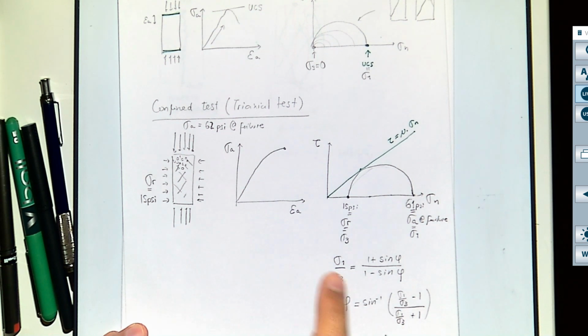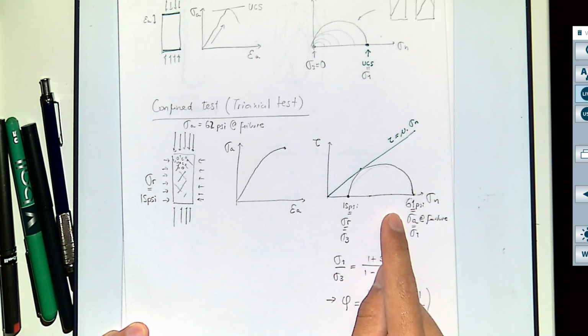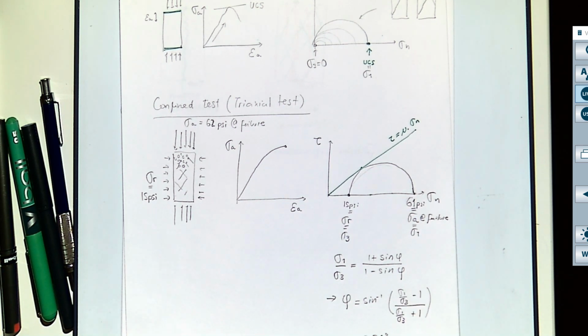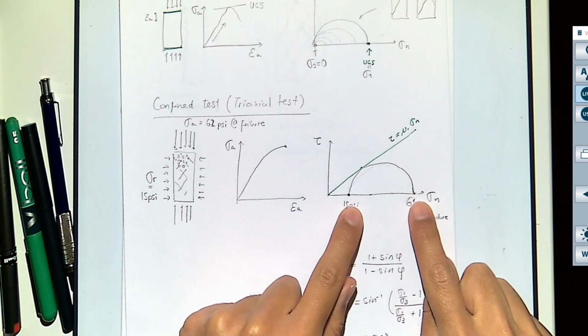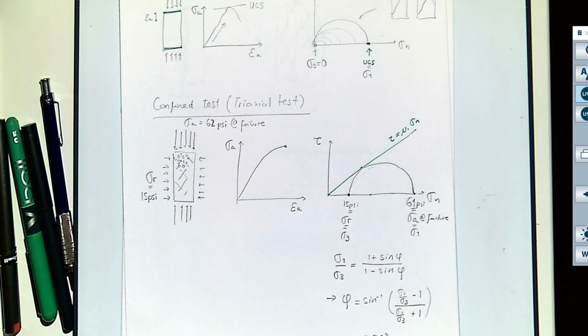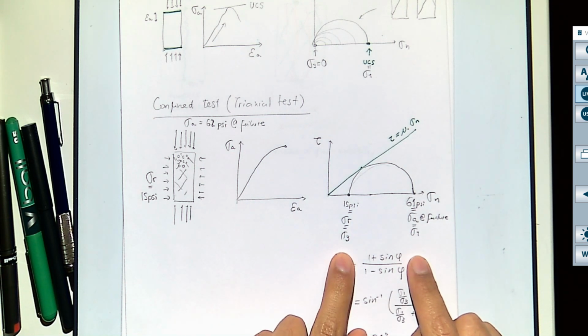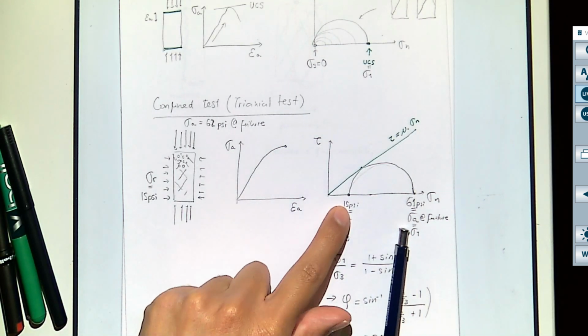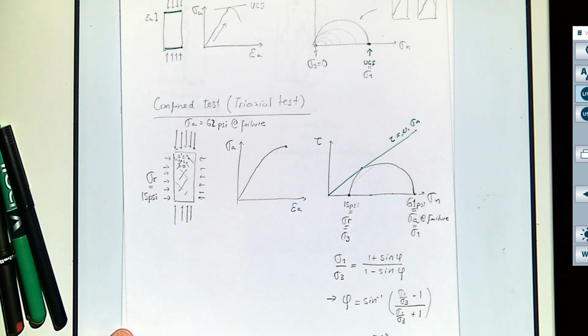And we talked also about the strength of uncemented sediments, in which by applying an effective stress, because of friction, we can hold a higher stress in a direction perpendicular to the minimum principal stress. All right, so let's see how we do this in the laboratory and how this is going to help you solve the homework, but also it's meaningful to understand why we can have this confining pressure higher than 0.